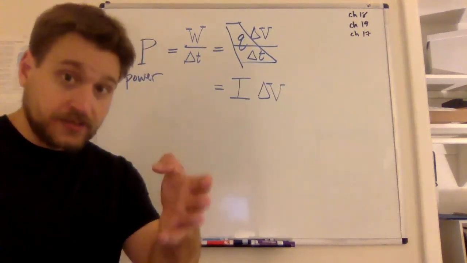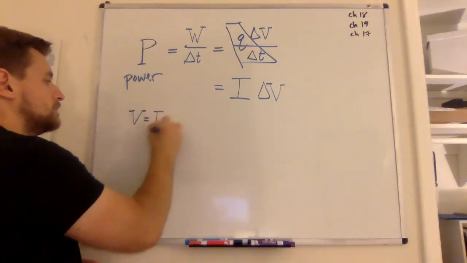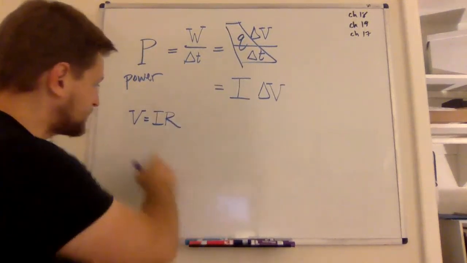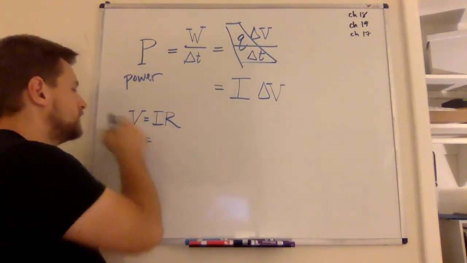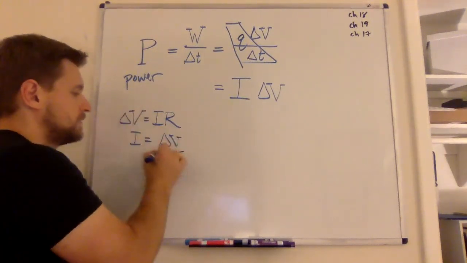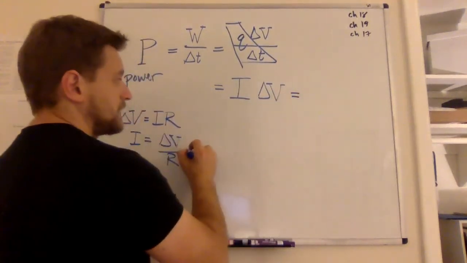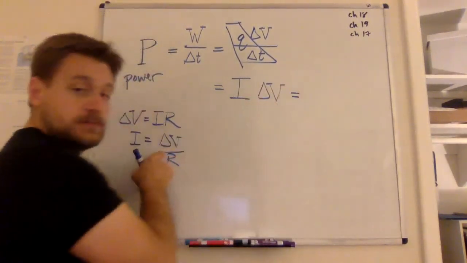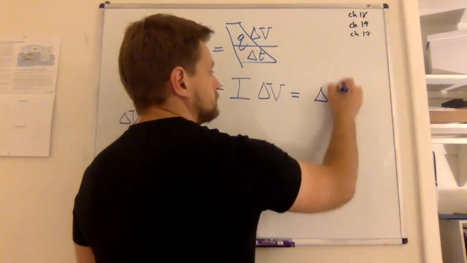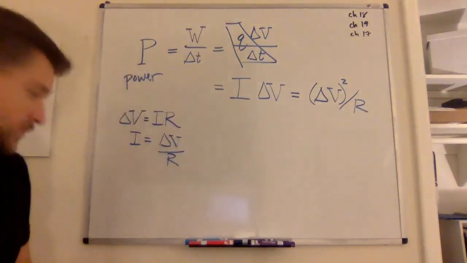If it's a resistor, some sort of thing that obeys Ohm's law, then we can make some modifications here. We could replace I, for example, with the potential difference across the resistor divided by the resistance. And we could make that replacement here for I: delta V over R. But that's delta V times delta V. Okay, sure.